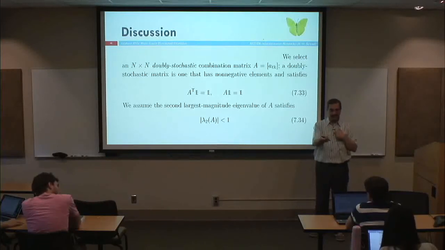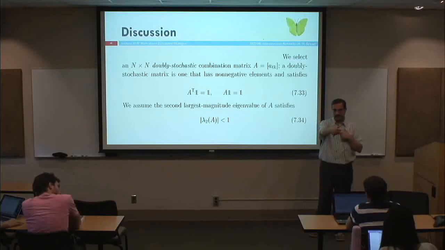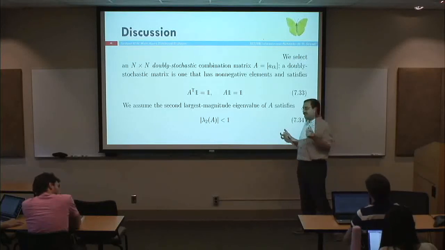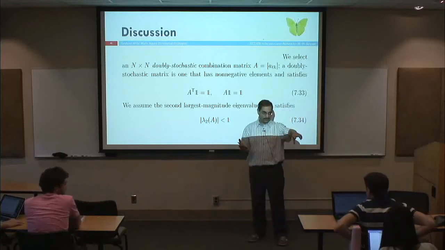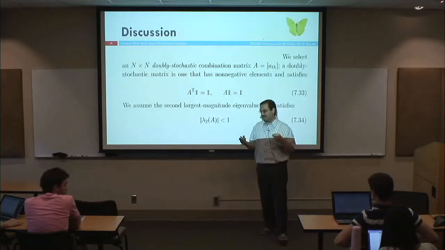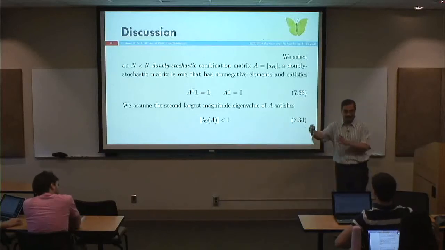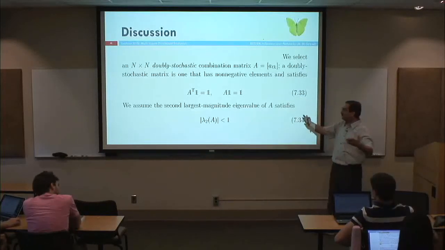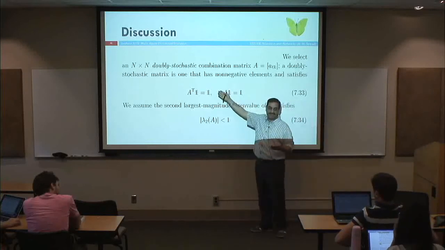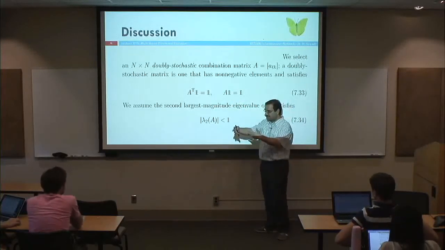The maximum is 4, so it will be 1/4. The second way of constructing the combination policy leads to a doubly stochastic matrix. It's called the Metropolis rule. You will see this later, but I'm just giving you examples so that you know that matrices like this exist. You construct them from the graph.